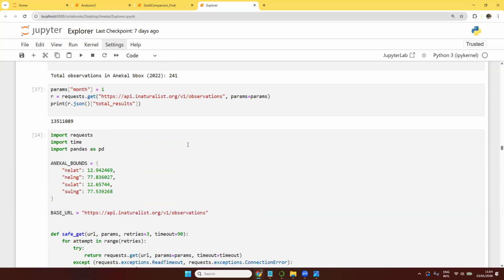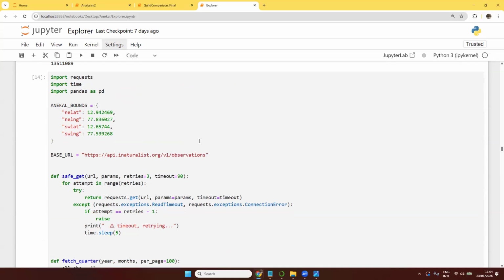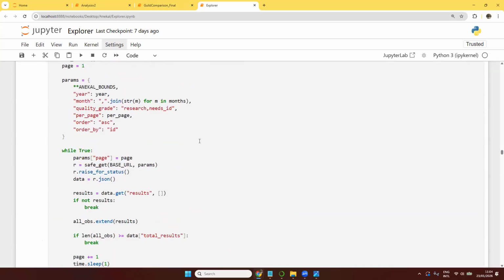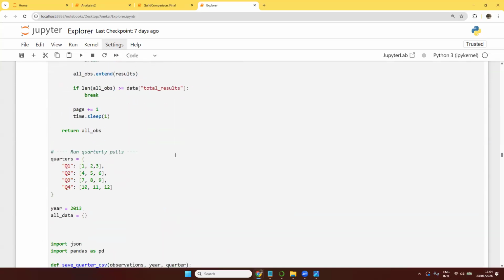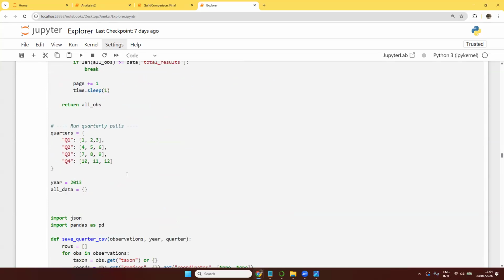Because this is for the whole taluk, there was a lot of data, so I split it up into quarterly fetches. Each run would get data for one quarter. I did this from 2013 onwards.